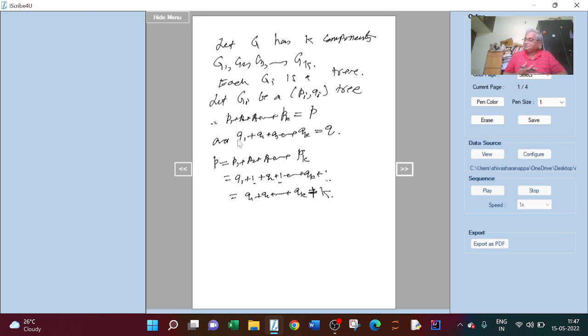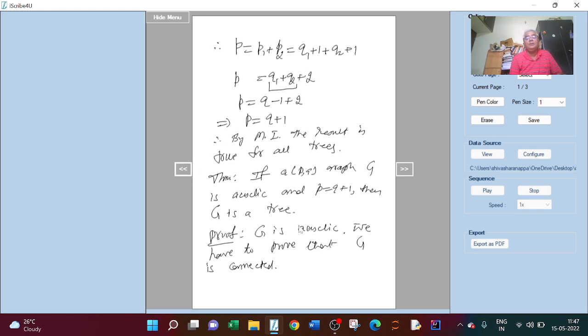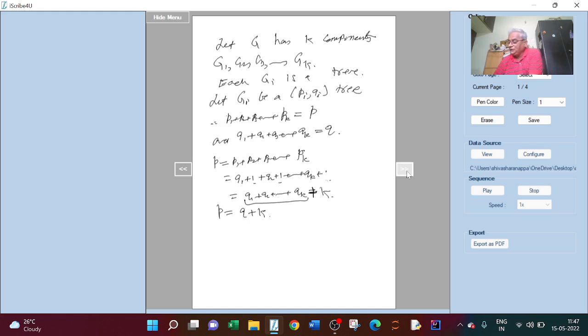Okay. So here we are getting P equal to Q1 plus Q2 up to Qk plus k, which is nothing but Q plus k. But what is this P? P is equal to Q plus 1. Okay, we have P equal to Q plus 1, right? So P equal to Q plus 1, which is equal to Q plus k.